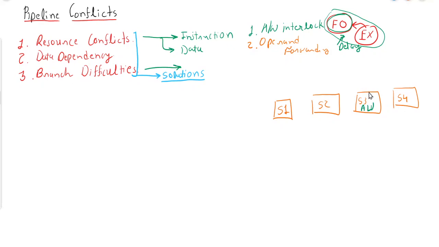Let's say in a previous segment where we are fetching the operand, we want to use that updated value.